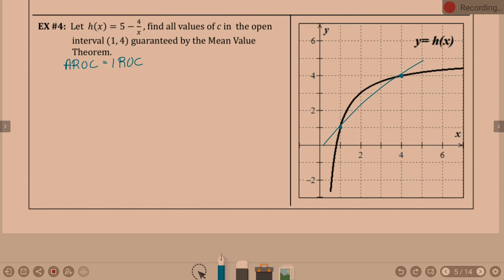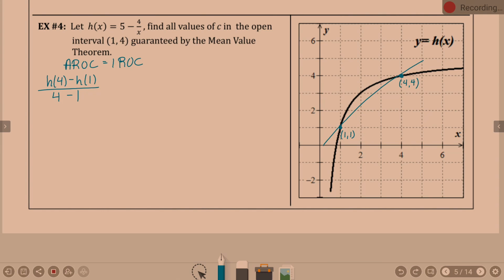Okay, so how do I find A-rock? y2 minus y1 over x2 minus x1. This is using the ordered pairs. It's just regular slope, because it's the slope of the secant line. So I'm going to write this as h of 4 minus h of 1 over 4 minus 1, yes?